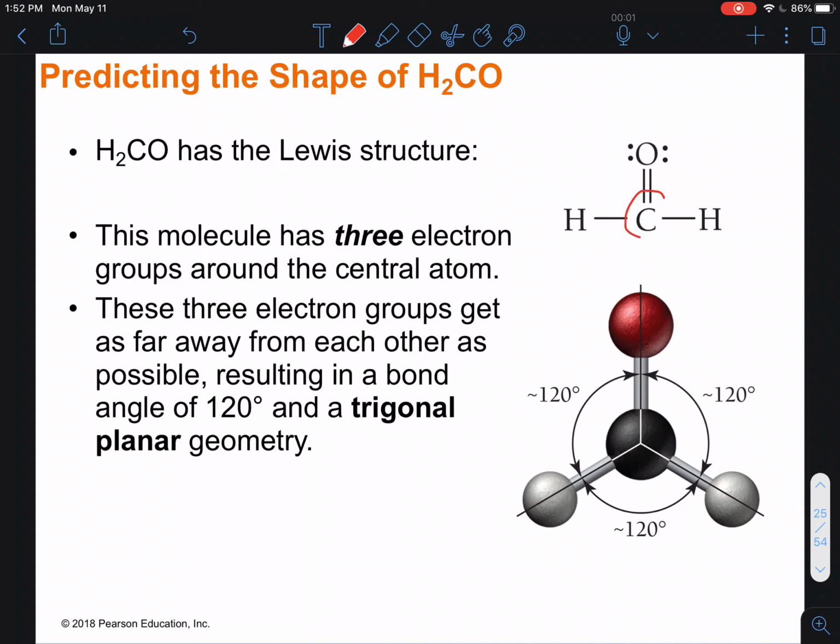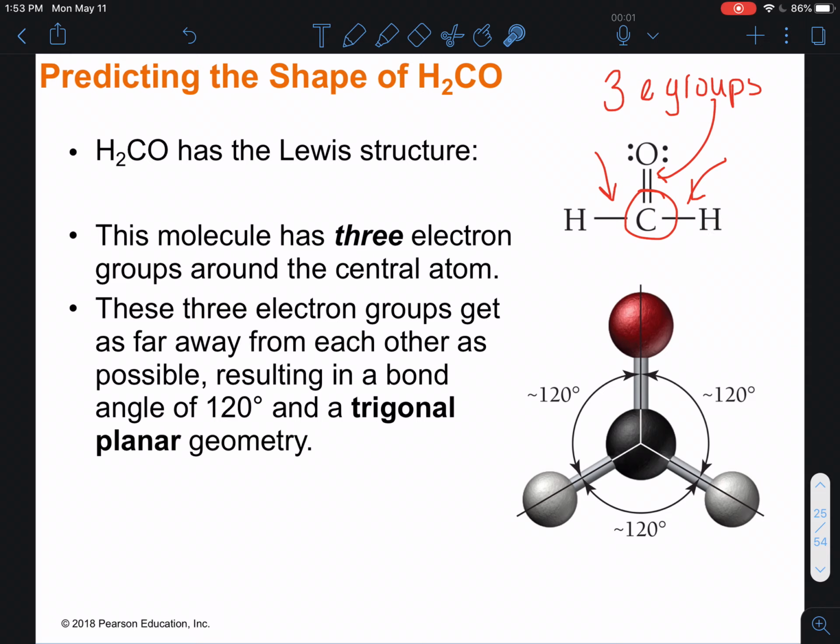So if we're looking at just the central atom, this is an electron group, this is an electron group, and that's an electron group. So that means it has 3 electron groups around it. These 3 electron groups get as far away from each other as possible.